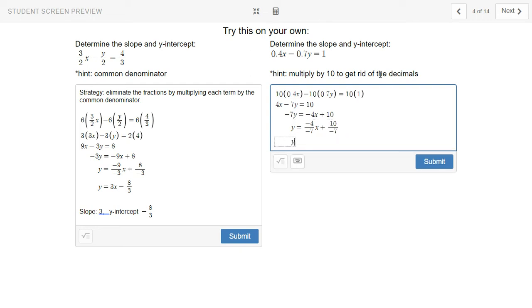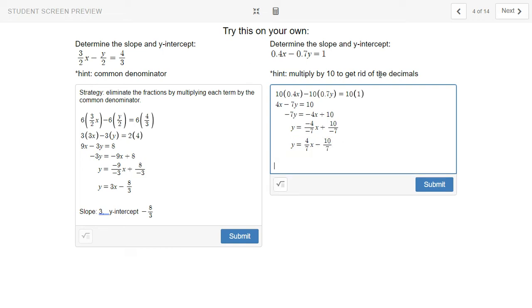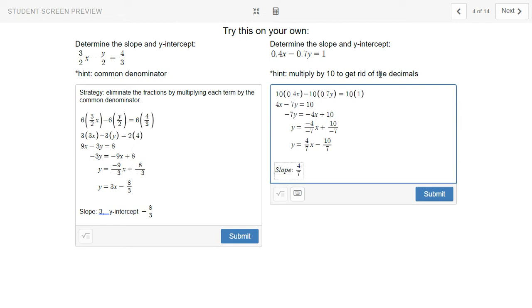Let's continue to simplify just the signs. 4 over 7x minus 10 over 7. Now what that tells us is our slope is rise of 4, run of 7, and our y-intercept, b, is equal to negative 10 over 7.